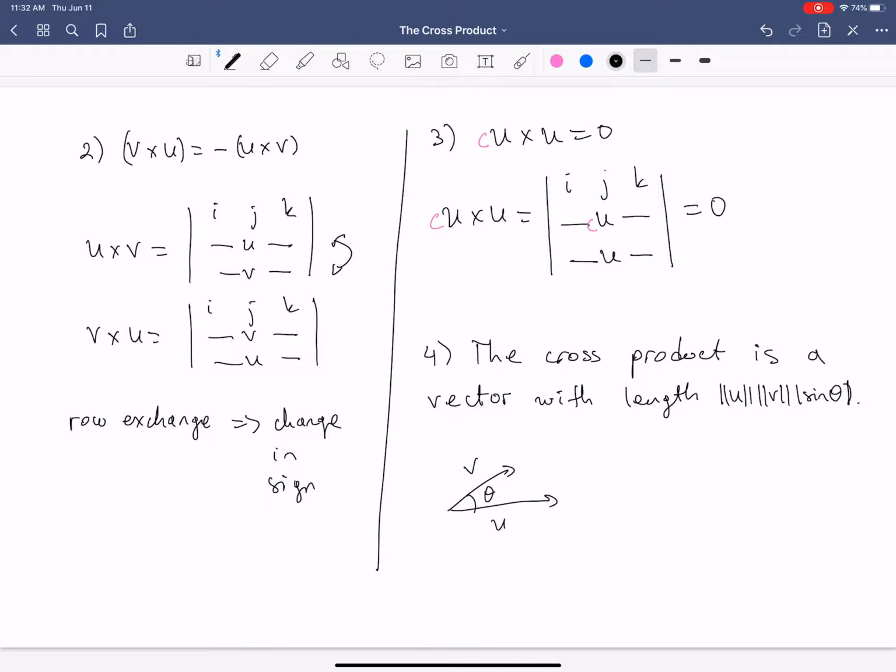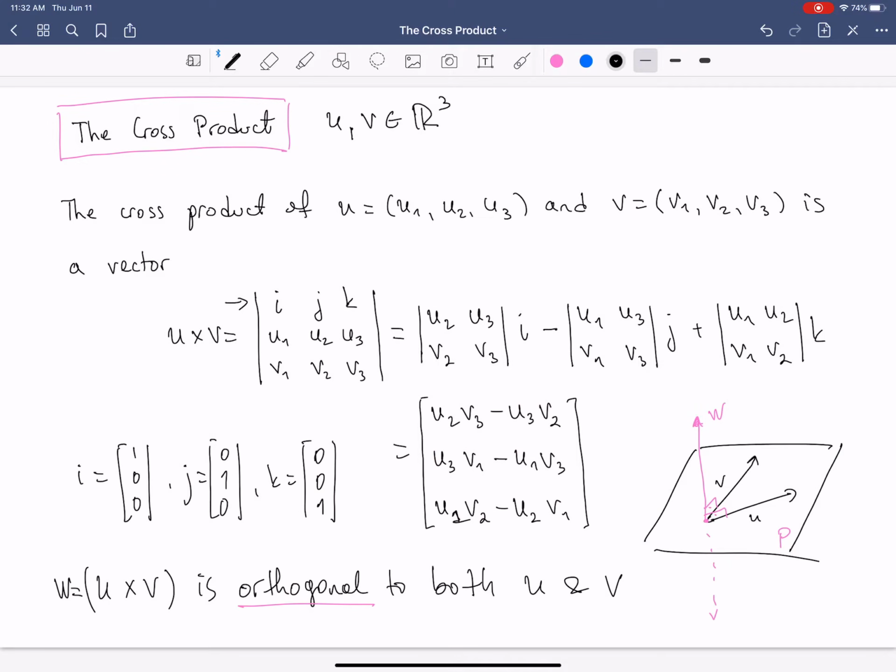Anything else I want to say here? Oh, I wanted to say something about whether the cross product looks up or looks down, right? So here I said you could have the cross product W being upward, or you could have it being downward. Well, as long as you place the vectors u, v in a counterclockwise direction, or a right-hand rule, then W will point upwards. So you have to start with u and then go to v in a counterclockwise direction in the way in which you write u cross v.